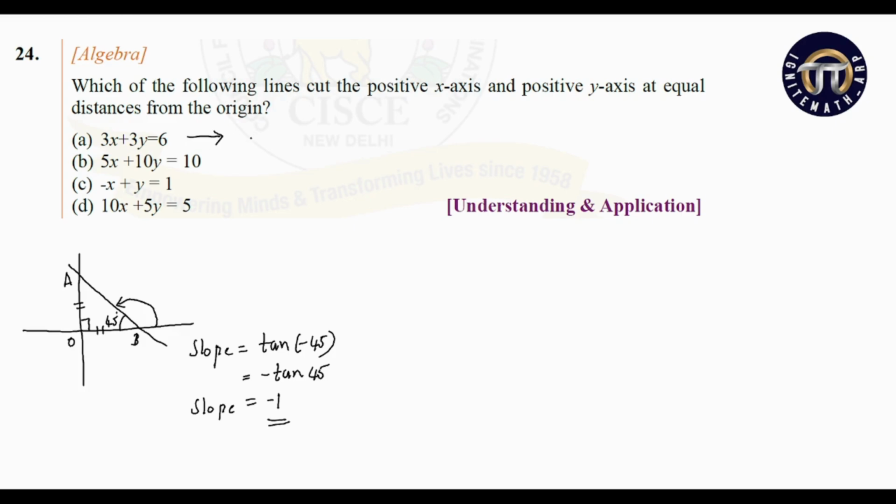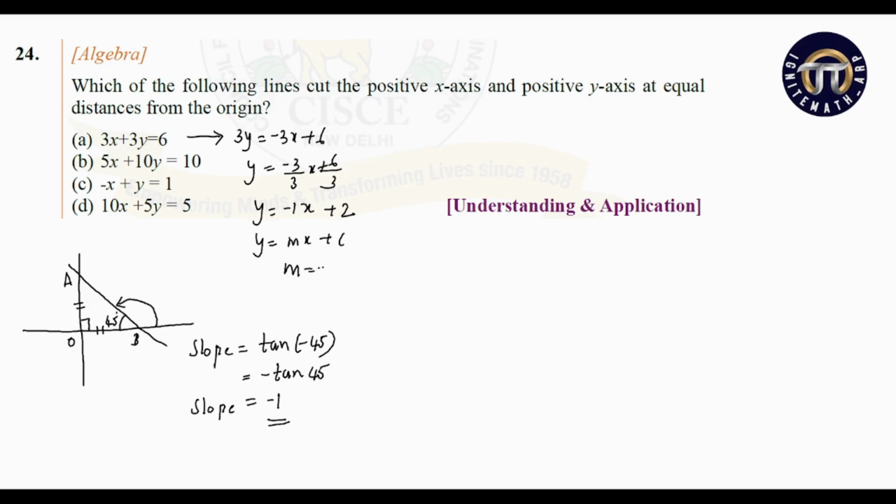So in the sense, by y-intercept form, I need to express y is equal to something. So here in this one I can write 3y is equal to minus 3x plus 6. So I can write y is equal to minus 3 by 3 x plus 6 by 3, that is y equal to minus 1x plus 2, which is of the form y is equal to mx plus c.